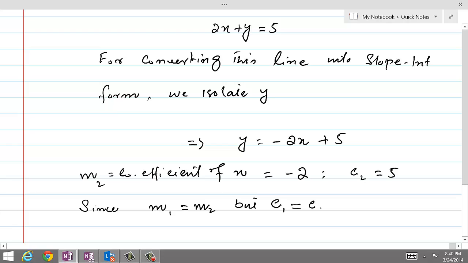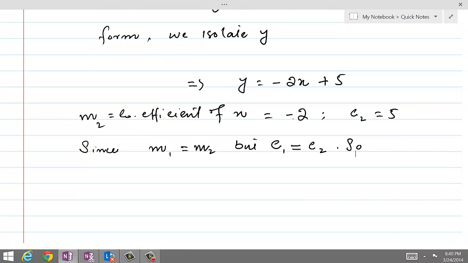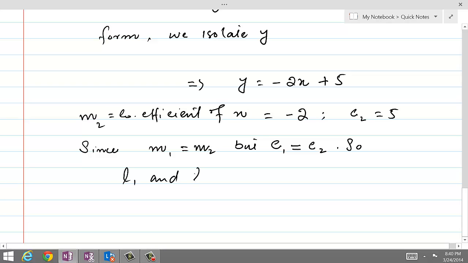C1 is equal to C2, so L1 and L2 are the same lines. If they are the same line, there is no question of being parallel.